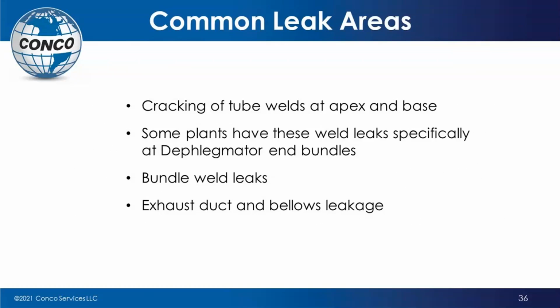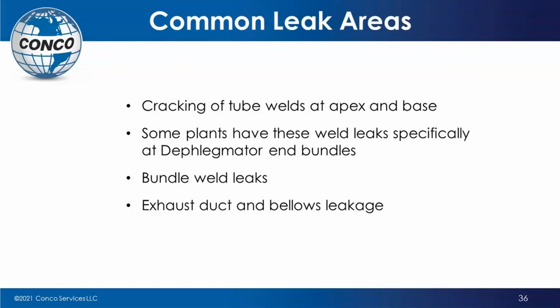Where else? Well, cracking of the tube welds. Anytime you have a weld on the unit itself, and you can imagine, if you think about it, these large units out there in Mother Nature, going through wide temperature changes, with winds gusting up, the units themselves can go through a lot of contraction and expansion of the metal.